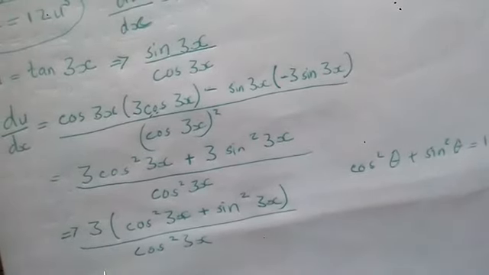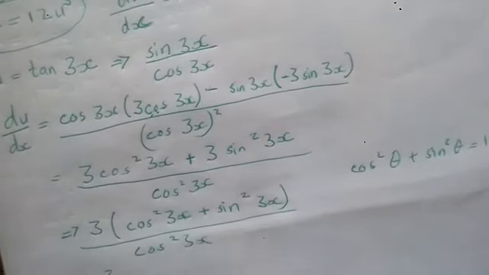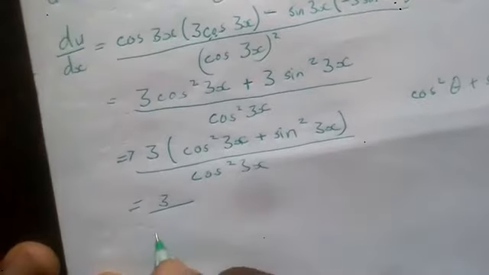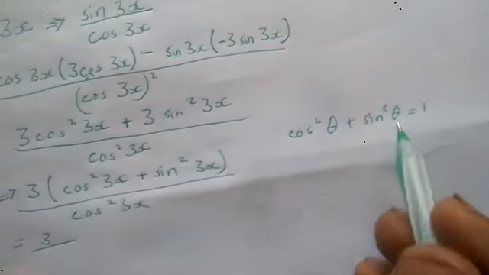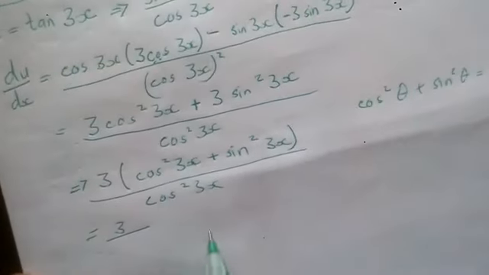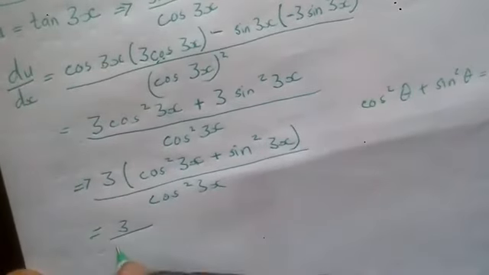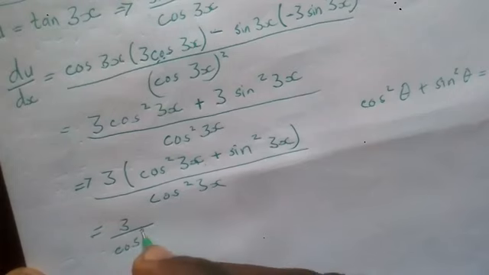So it will be 3 divided by cos squared 3x.